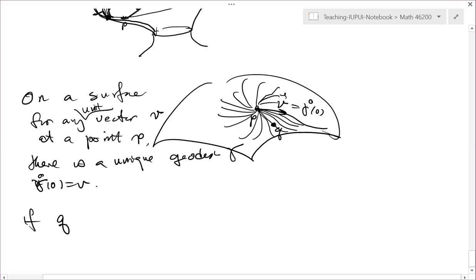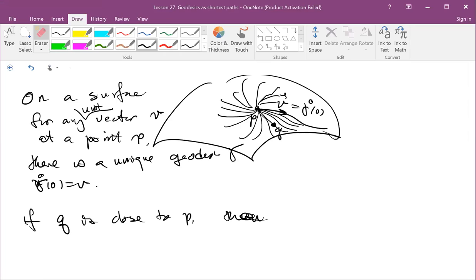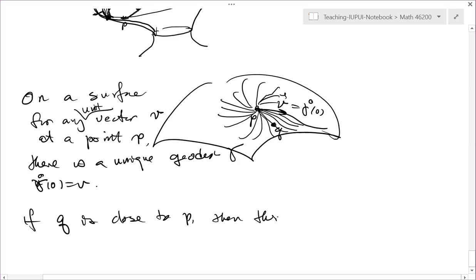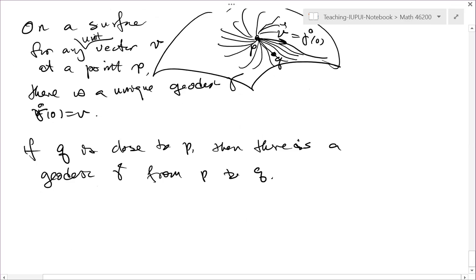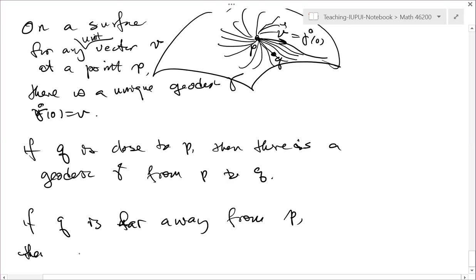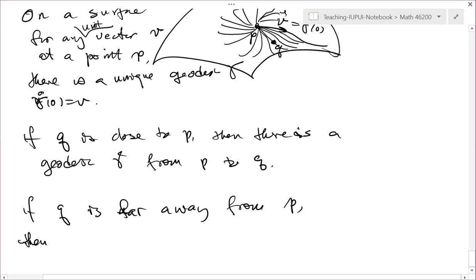So if Q is close to P, then there is a geodesic gamma from P to Q. If Q is far away from P, then sometimes there is no such geodesic.